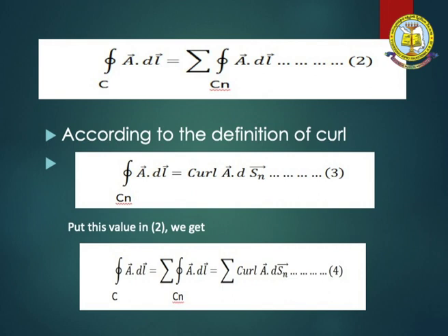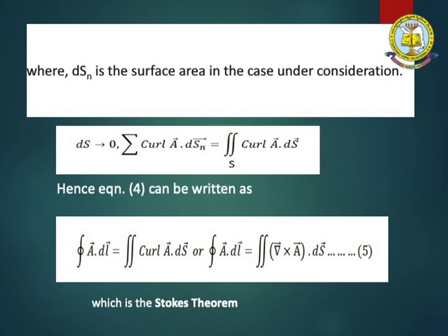So, you can write in the above equation that the integral of A dl is equal to the summation of the integration over Cn of A dl, which is equal to the summation of curl A dsn, where dsn is the surface area under consideration. As ds tends to 0, the summation of curl A dsn is equal to the surface integral of curl A ds.